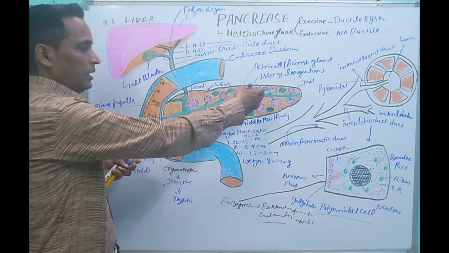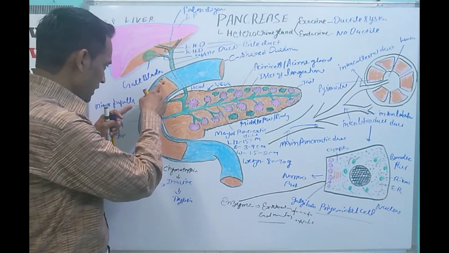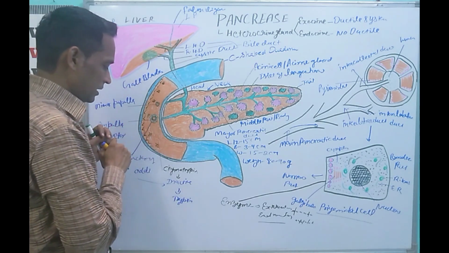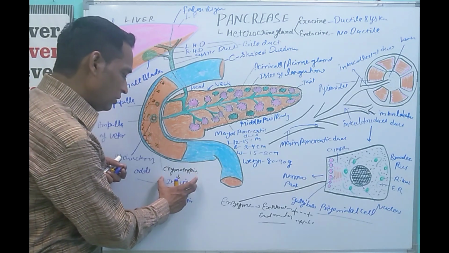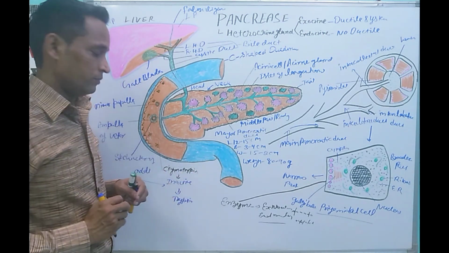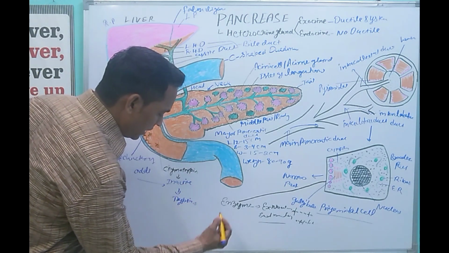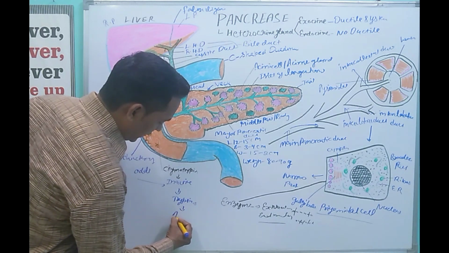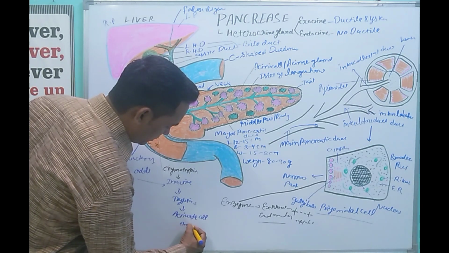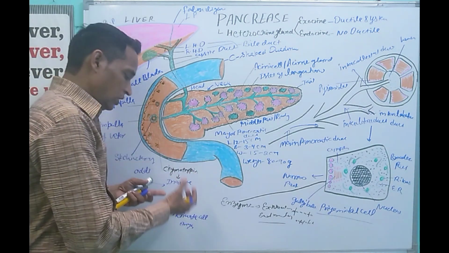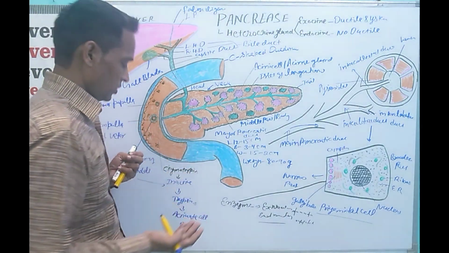Again, the inactive enzymes come from the pancreas, and the mucus cells release the mucosa which converts inactive chymotrypsin into trypsin. And this trypsin activates all the enzymes.